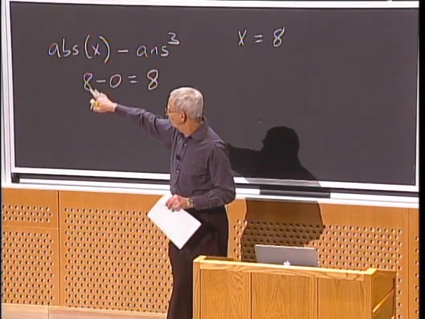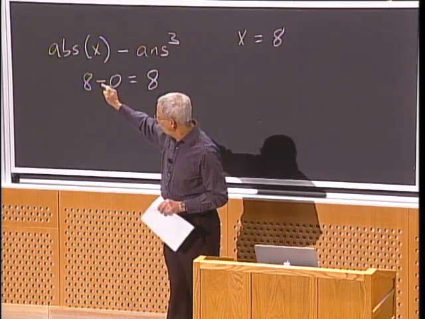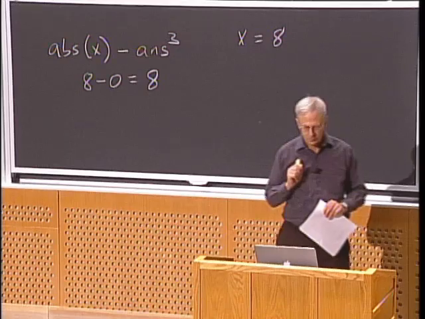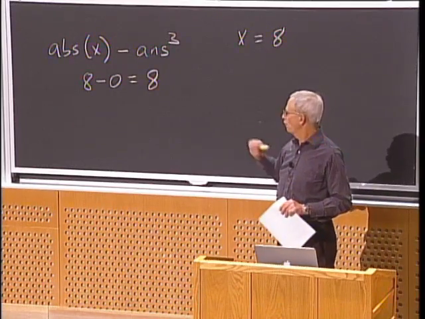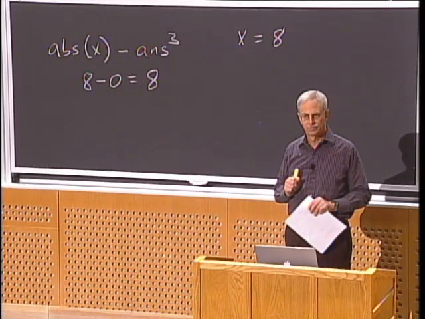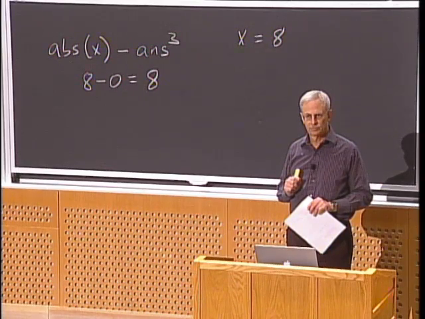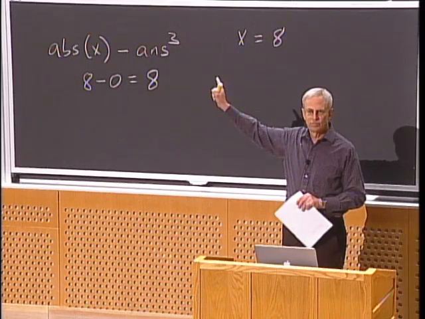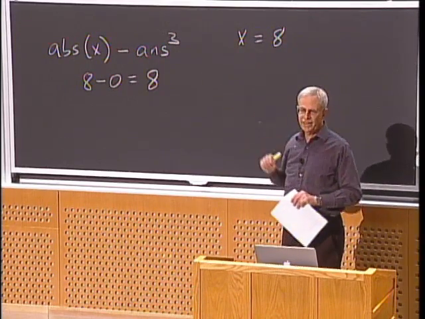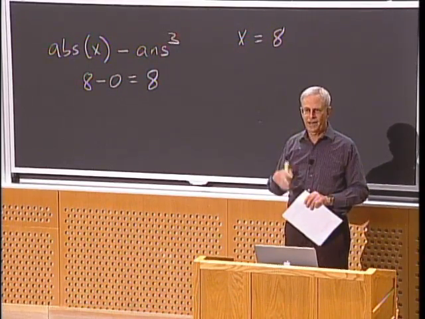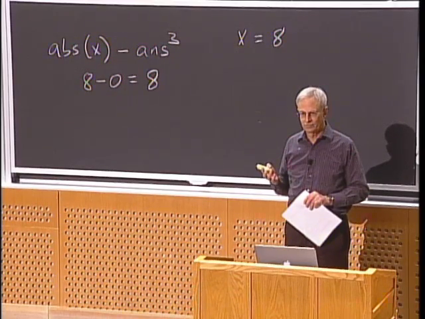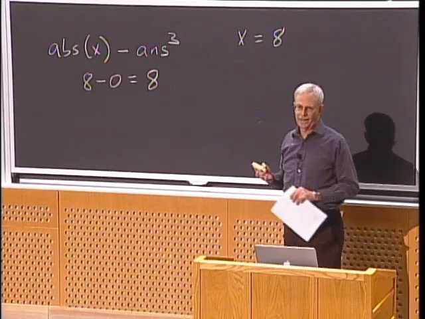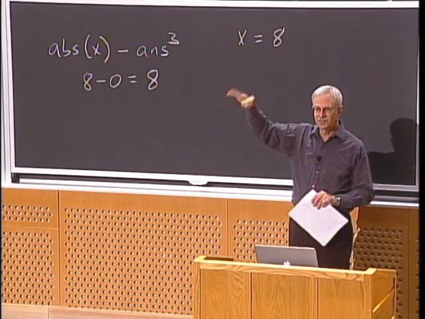So it satisfies conditions 1 and 2. What happens to this value every time through the loop? Does x change? Does ans change? And how does it change? It's increasing. What does ans start at? It starts at 0 and it increases.